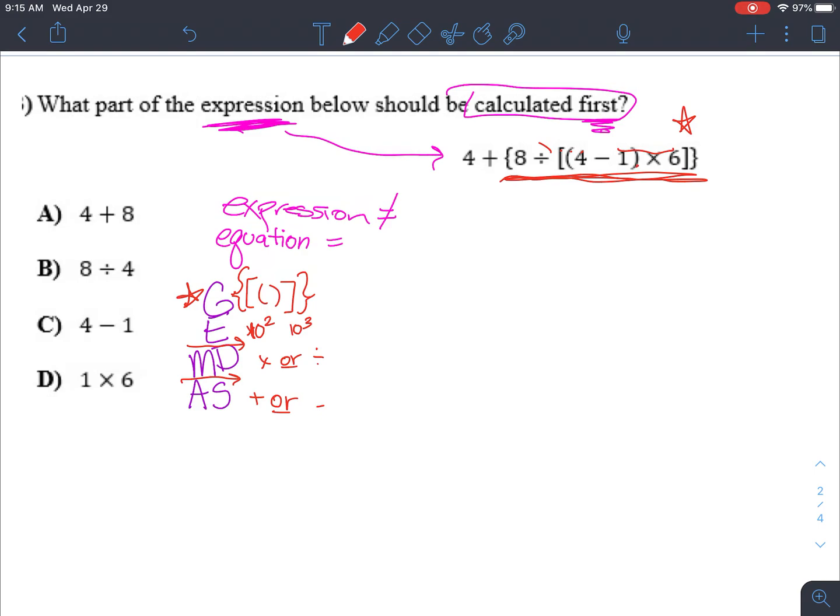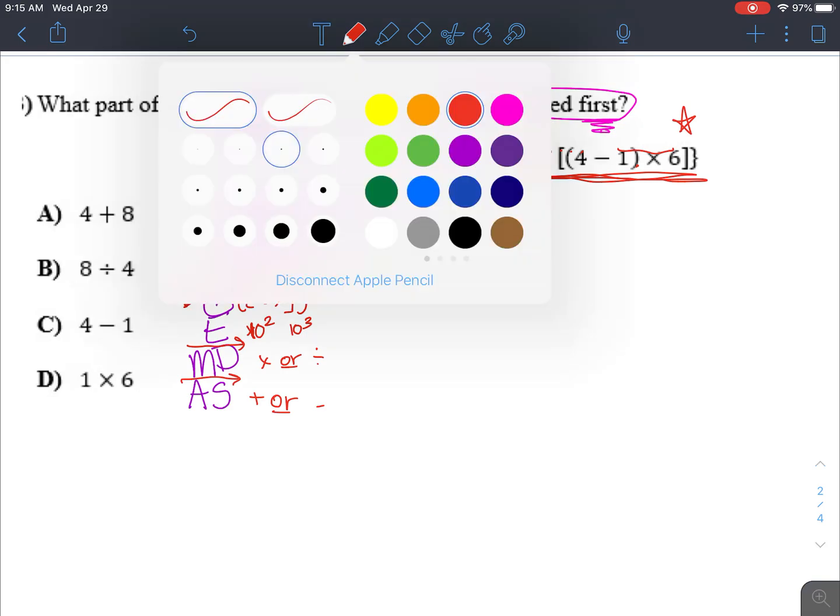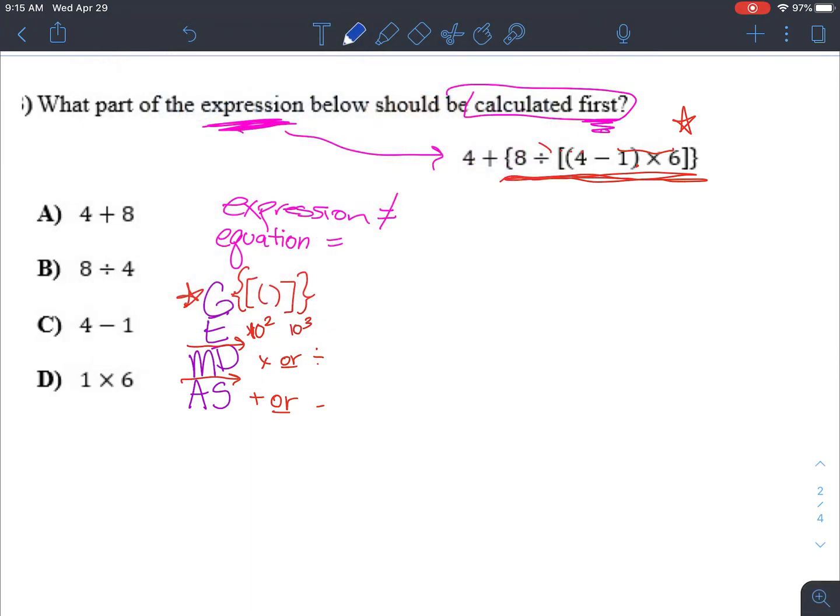The 6 can't get to it yet, so that wouldn't make sense. The only thing that you would be able to do first is 4 minus 1 inside the parentheses. They're right next to each other. I know that I can get to that with no problems. So for this problem, you would be doing the grouping first, and the first grouping you would do is 4 minus 1.